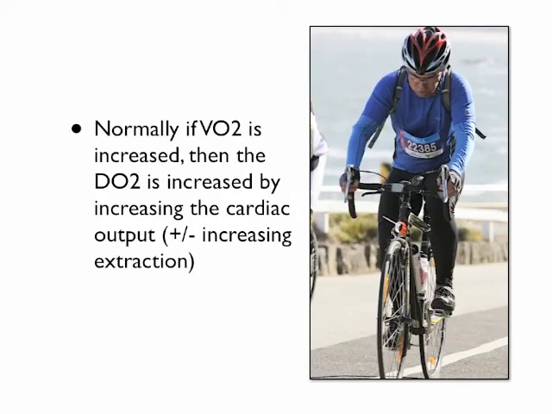In a normal, relatively healthy person, if the oxygen consumption is increased for some reason, the metabolism of the body is increased, the demand's increased, then the oxygen delivery is increased to keep up with it, largely by increasing the cardiac output, although there's also the option of increasing the extraction ratio. But in healthy people, it's largely achieved by increasing the cardiac output, if you've got the ability to increase your cardiac output.